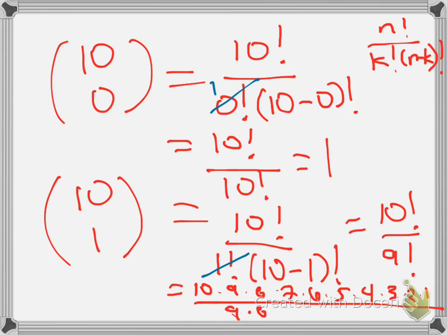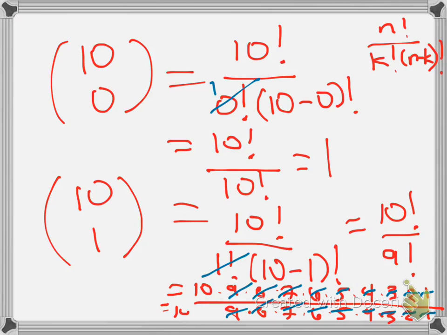So 9 times 8 times 7 times 6 times 5 times 4 times 3 times 2 times 1. Now you probably notice that most of these factors, in fact all of them except for 1, will cancel out. The 9s cancel, the 8s, the 7s, and so on.